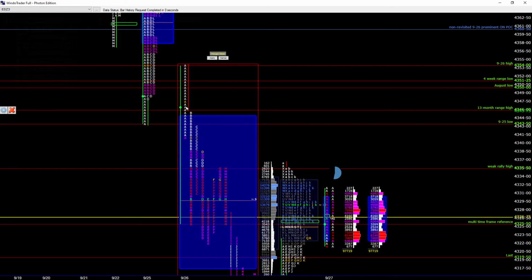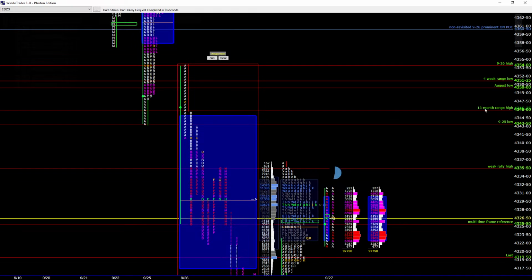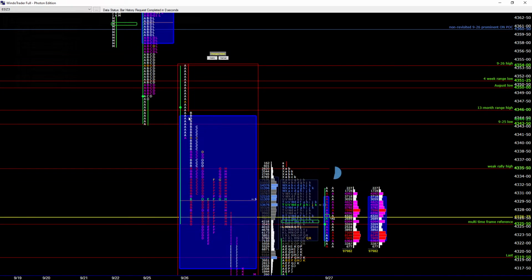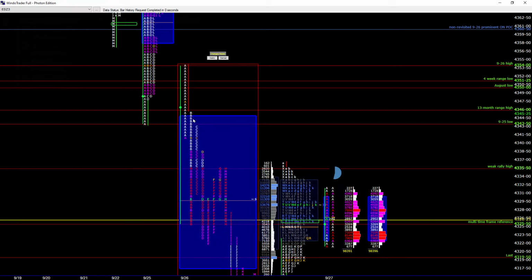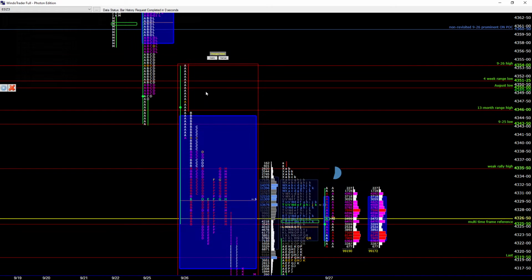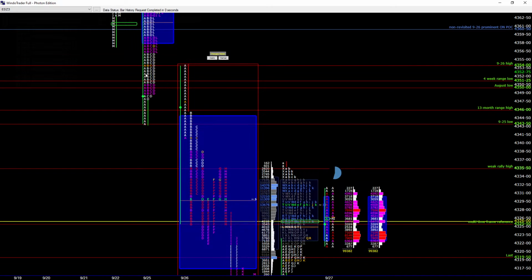This is the 30-month range high, which most traders maybe don't know about, but they will see the opening. So repairing this, just taking care of all business, can take the market all the way up to this area, which puts the market inside this range.